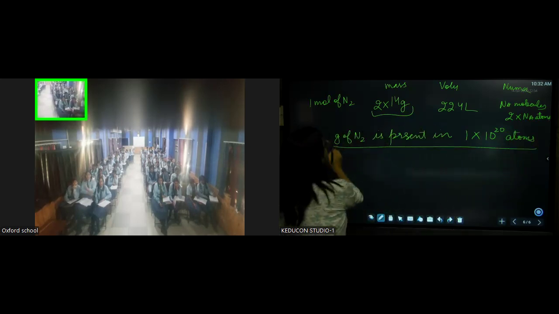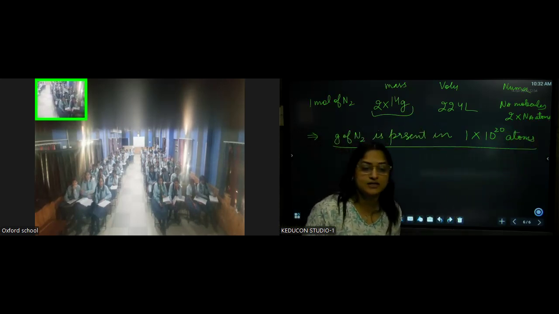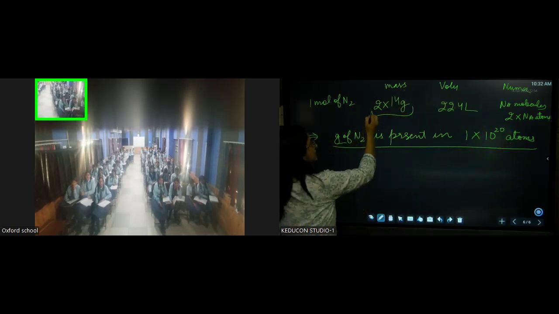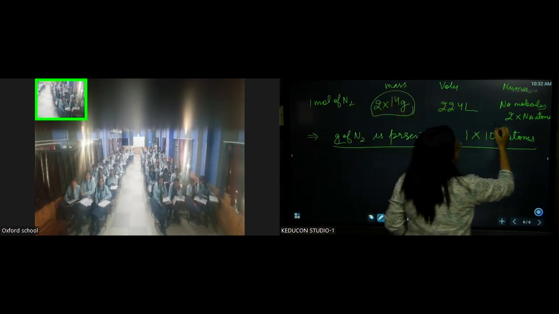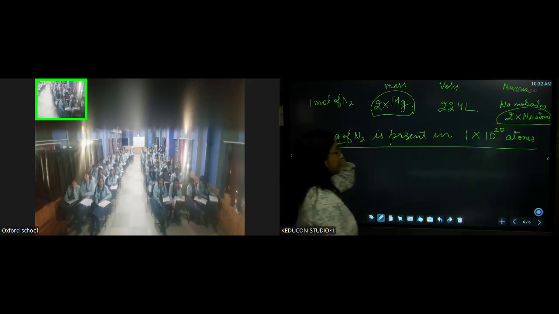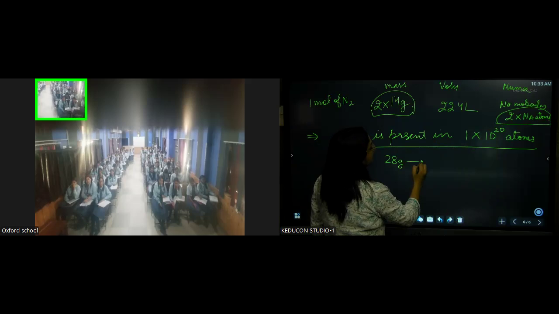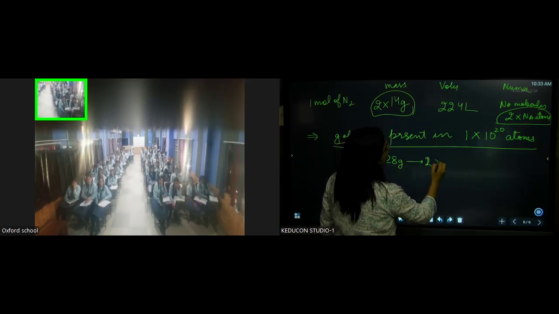So tell me which two things you need to relate first. That is grams and atoms. You don't have to look at anything else above, just the relationship between grams and atoms, which is that 28 grams has 2 into Avogadro number of atoms.